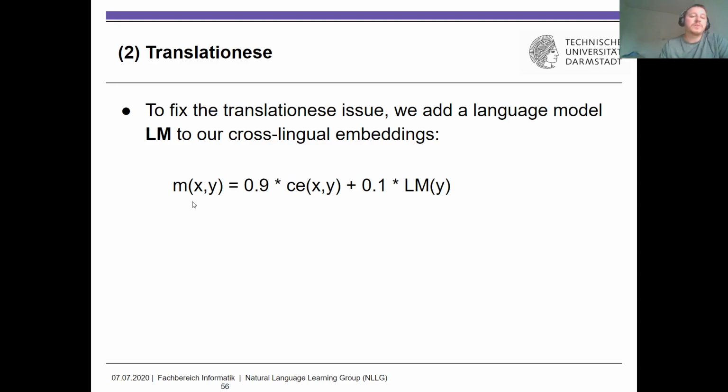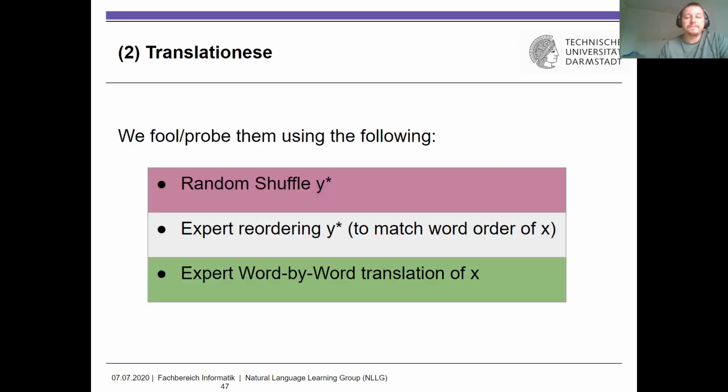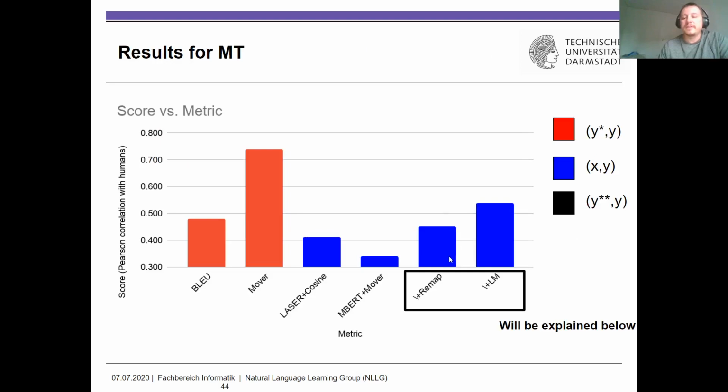Of course, we could also add a language model for X, but for the input we assume that it is already good. We don't usually expect that the input is also crappy. So there's nothing to place on X in our case. And once we've done that, you have seen the result before, that really gives quite a nice boost of, in this case, over 10 percentage points, right?